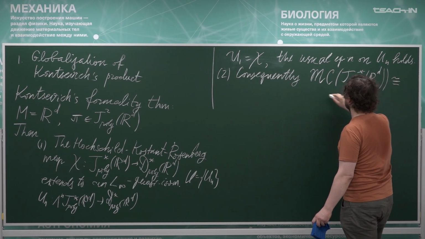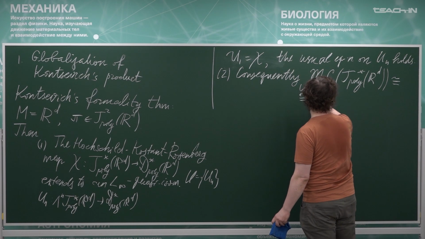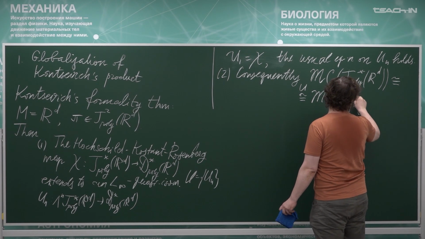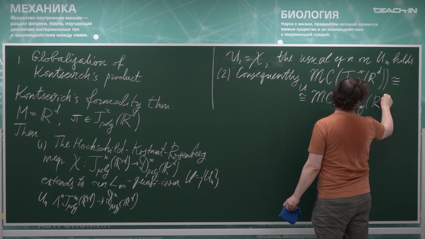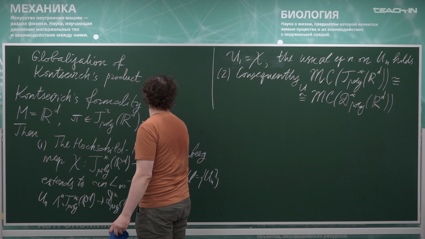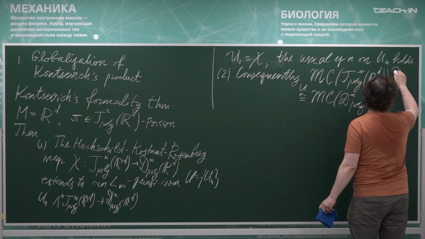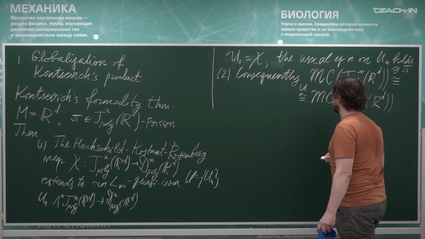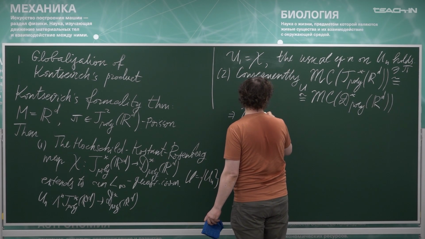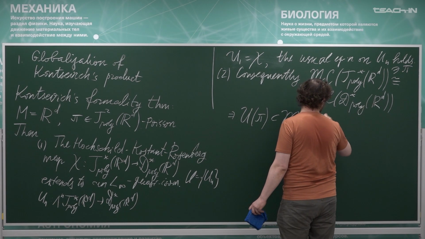The isomorphism is established by the application of this L-infinity quasi-isomorphism U. In particular, every Poisson bivector pi, which is a Maurer-Cartan element on the left, induces the Maurer-Cartan element U of pi on the right-hand side of our map.